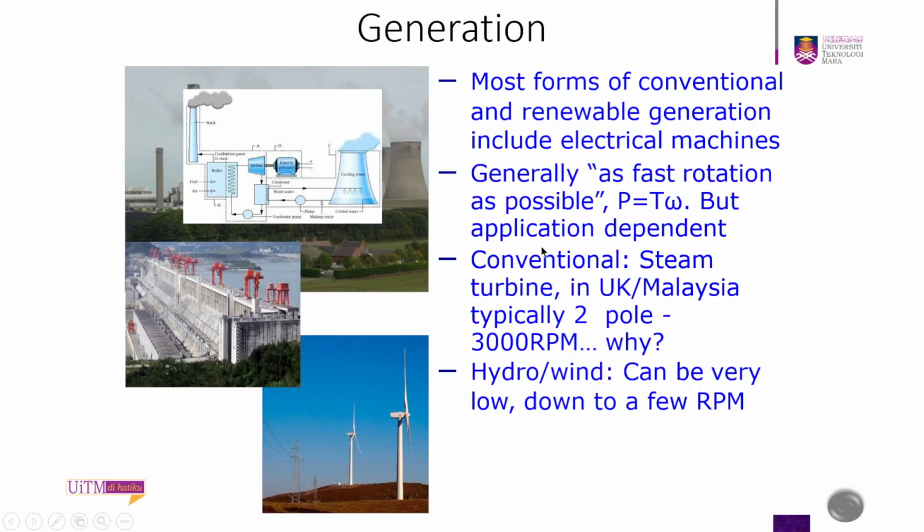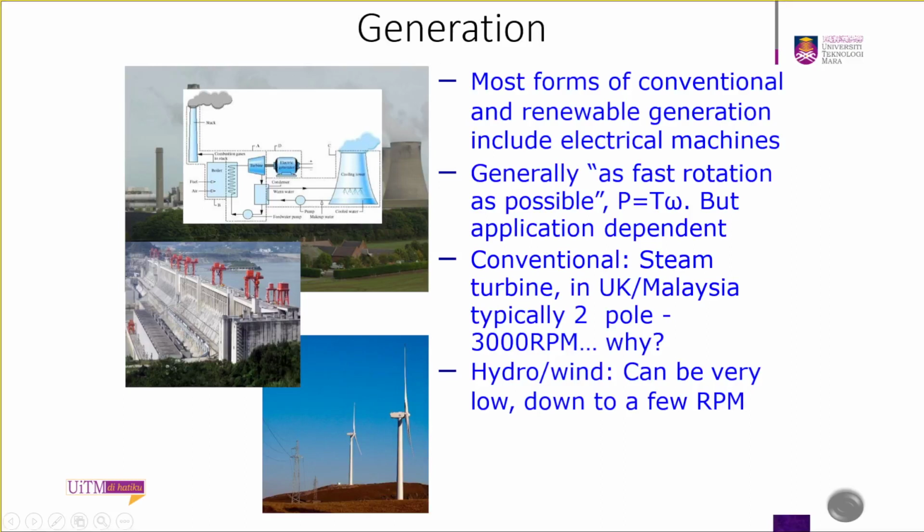I hope you still remember that for the synchronous speed, the equation is ns equals 120 multiplied by fs divided by p, isn't it? So your fs here is 50, your p is 2, and therefore you have this 3000 rpm.